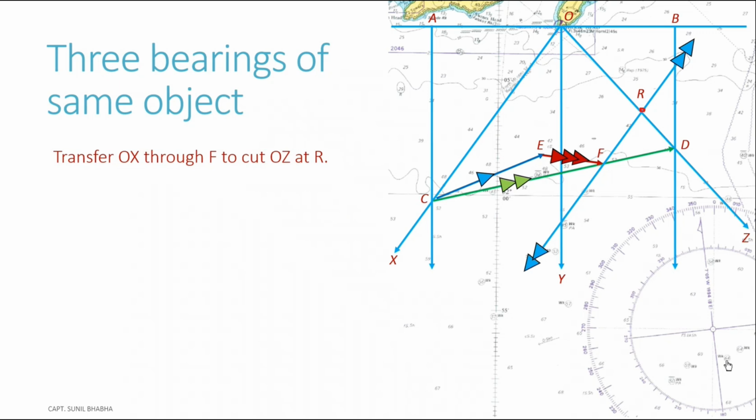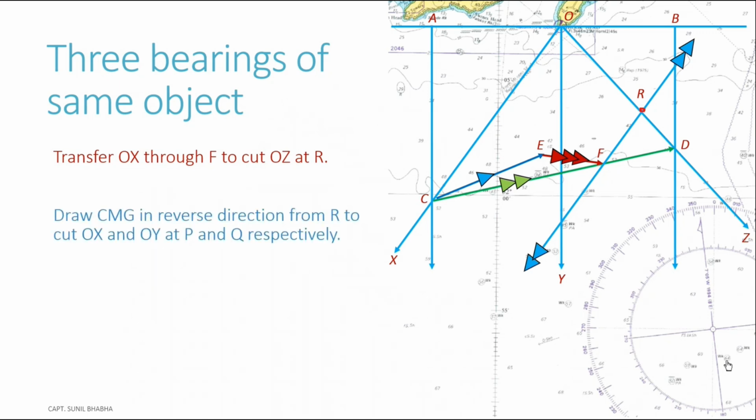We have point R. Now from this point R, we draw our course made good in the reverse direction, from R backwards. Once you draw this course made good from point R in the reverse direction, you will see it will cut our first bearing line OX and the second bearing line OY.